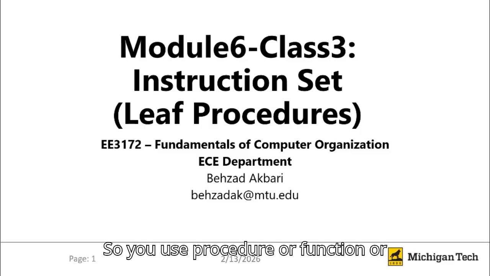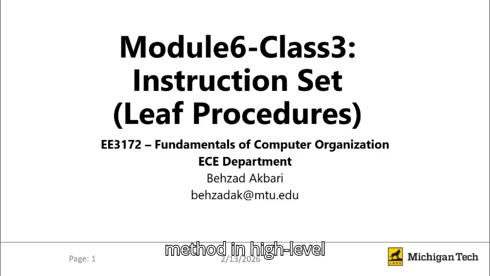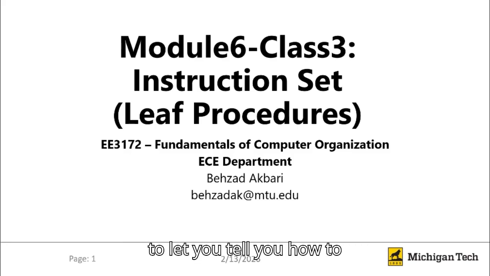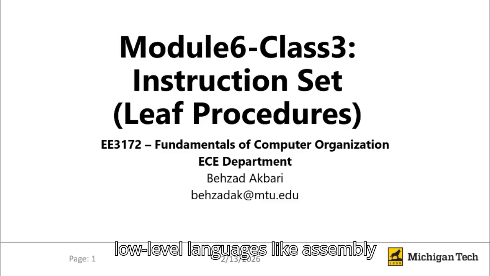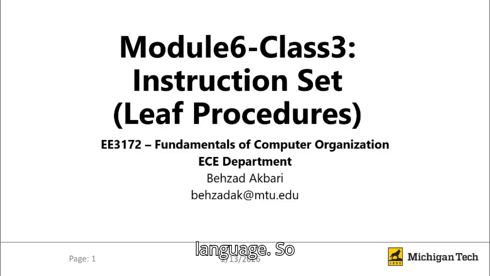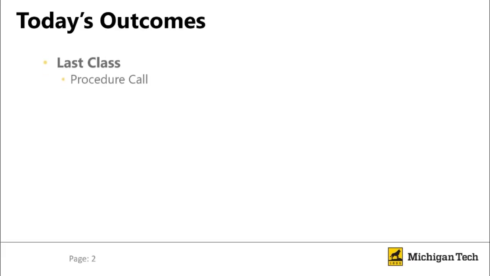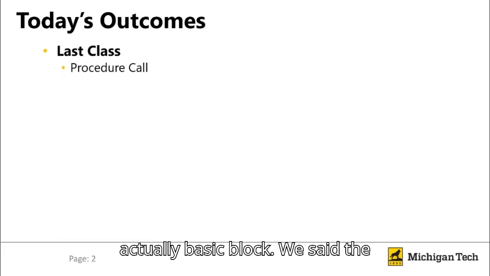So you use procedures or functions or methods in high-level languages, and in this class, we want to tell you how to use procedures in low-level languages like assembly language. What we learned: we talked about the basic block.